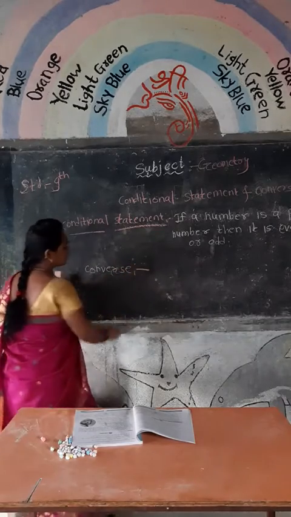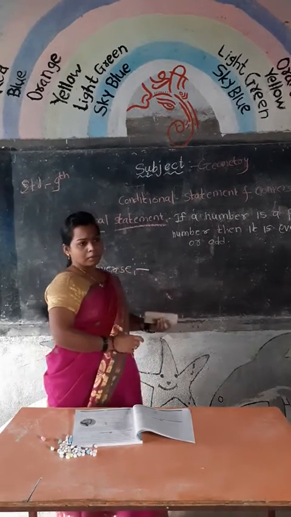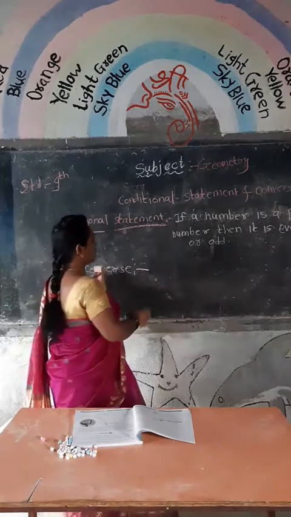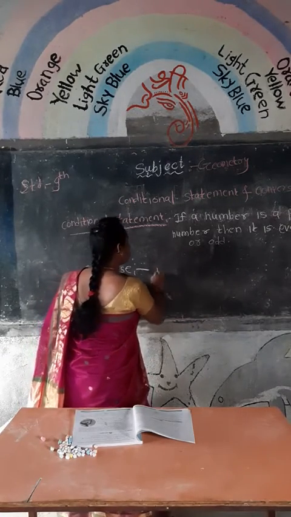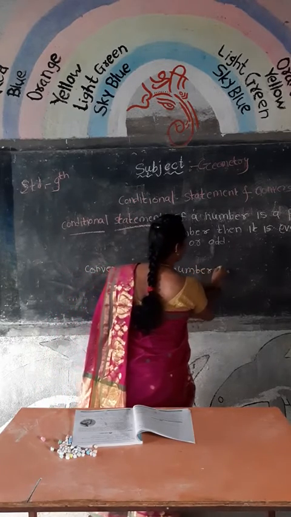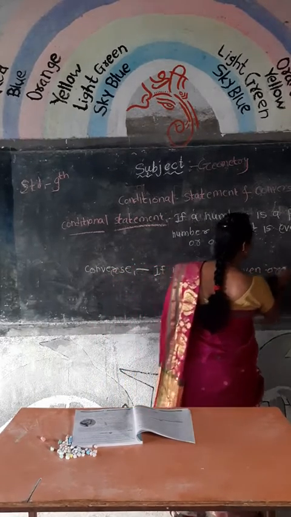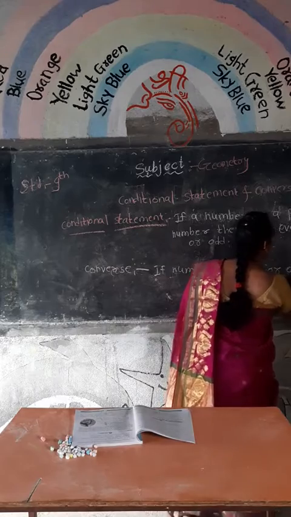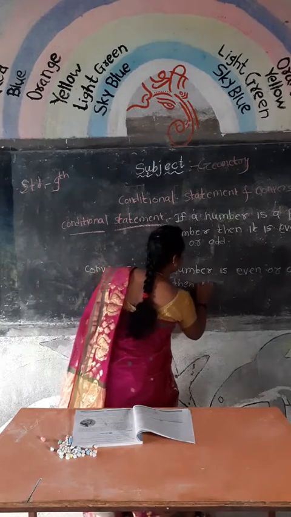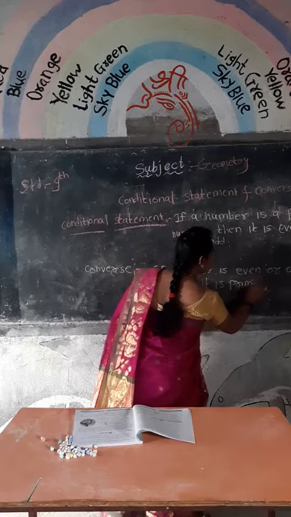The converse of the given statement is: if a number is even or odd, then it is a prime number.